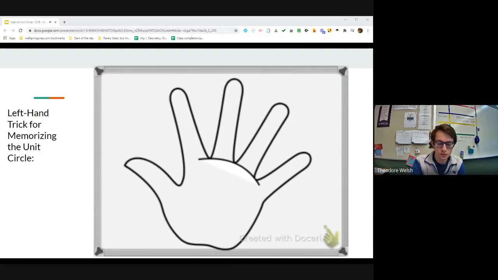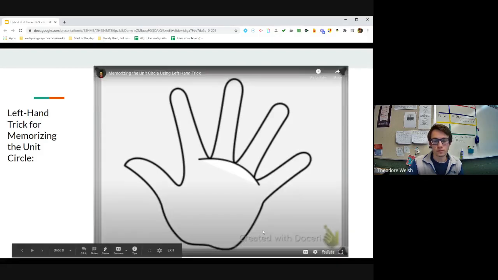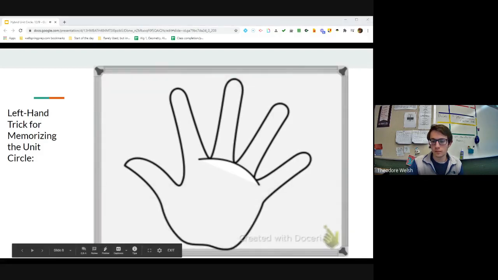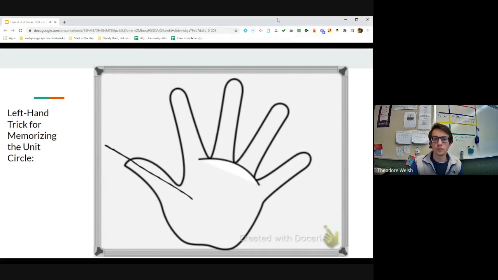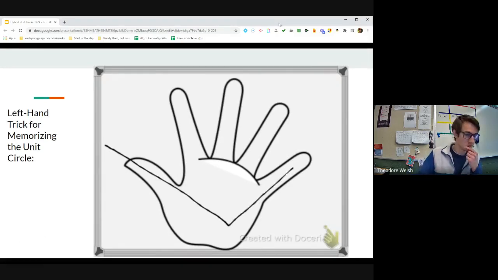All right, so you can look at the palm of your left hand. And I want you to think about it as the first quadrant of our unit circle. I'm drawing this hand right here. Let's say that's my first quadrant, right? Then this would be at 0 degrees.